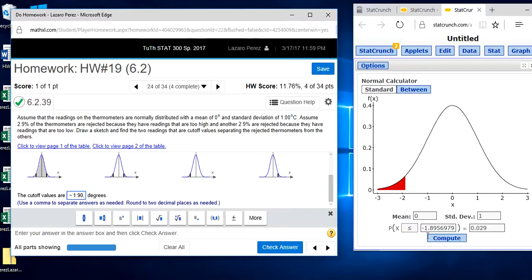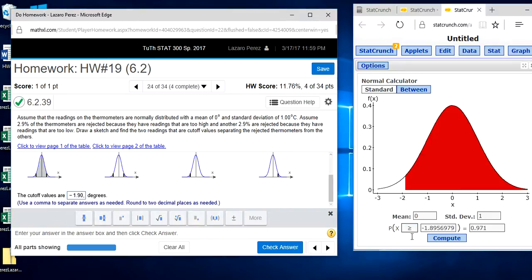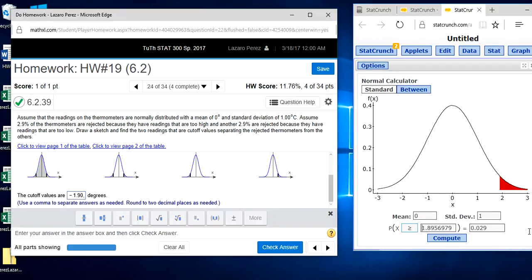We just know it's the opposite of negative 1.89, so positive 1.89. But if we wanted to, we could find it, and it would be the opposite. So that'll show you as well, and that's 0.029. So let's go ahead and put that in StatCrunch. We round it to two decimals, 1.90.